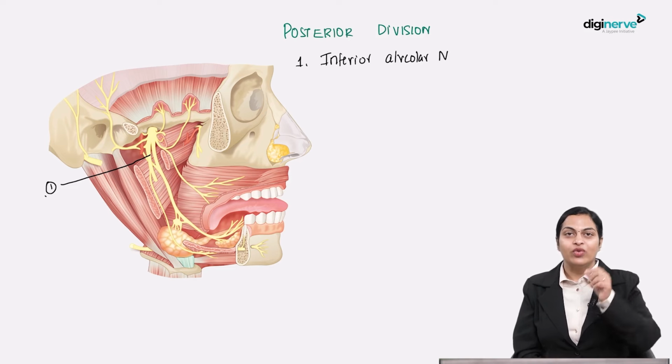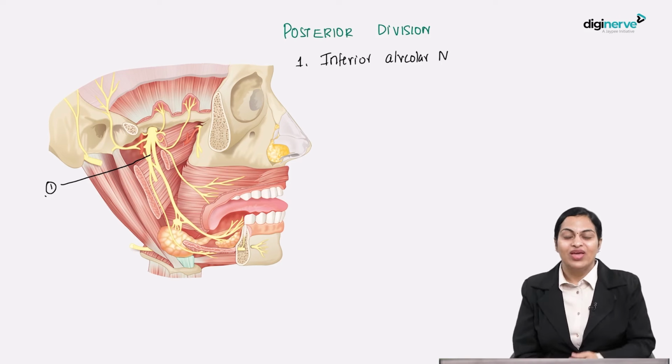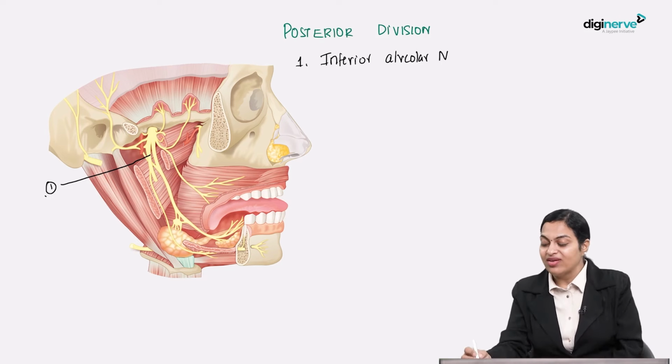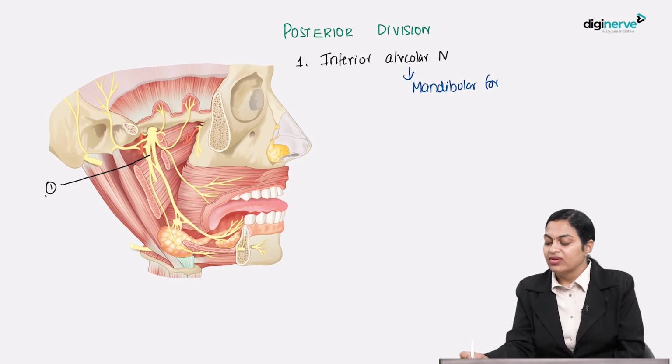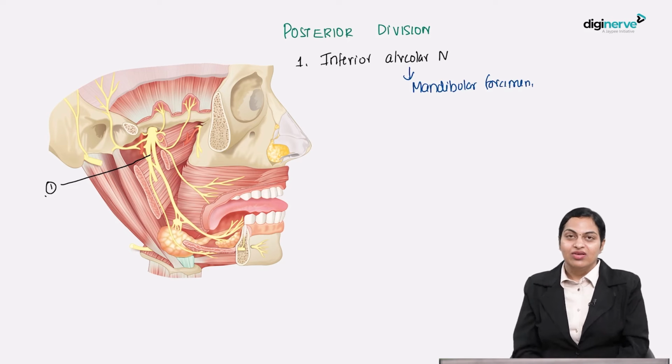And there was one question in the competitive examination pointing to a foramen on the inner surface of the mandible, asking what passes through it. So that is the inferior alveolar nerve passing through the mandibular foramen, right? You can mistake it for the mandibular nerve entering the mandibular foramen.